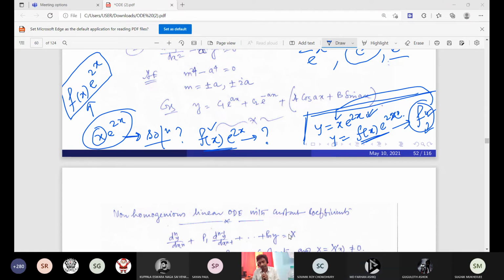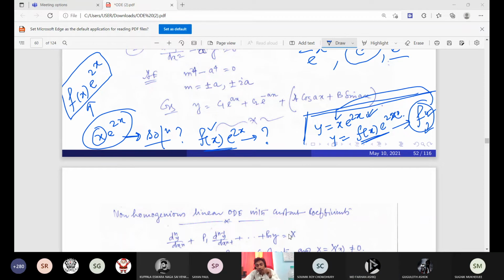You choose any function instead of x. Then proceed, substitute that into the differential equation, and see for all f(x) whether it will be a solution or not. Definitely it will not be a solution for all f(x). It will be a solution if f(x) turns out to be a linear polynomial, if you have two equal roots.